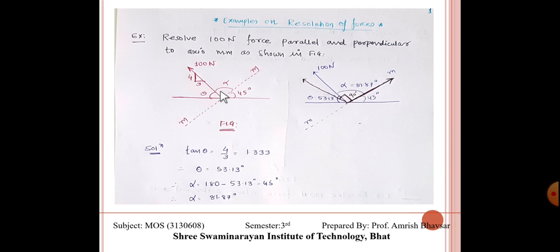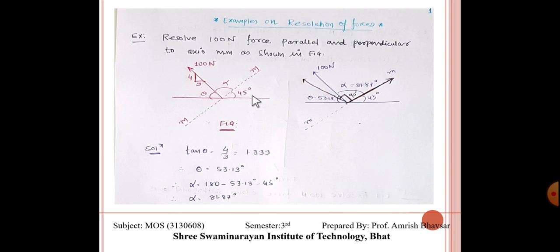So for the 100 Newton force, the component parallel to the mm axis is 100 cos alpha, and the perpendicular component is 100 sin alpha. So it is our duty to find out alpha first. What is alpha?